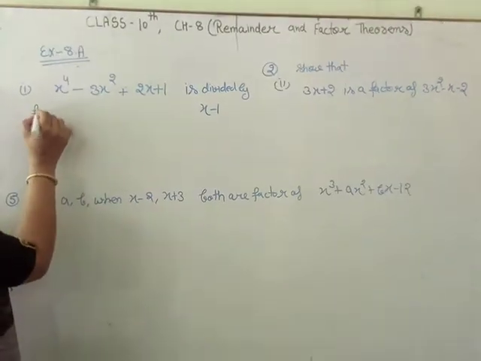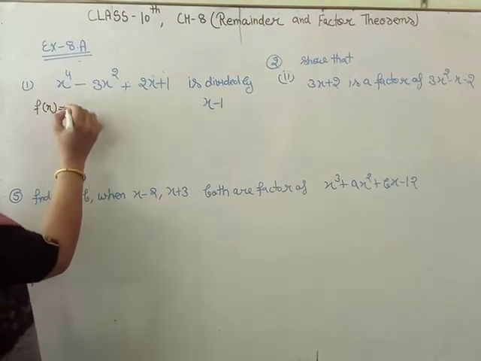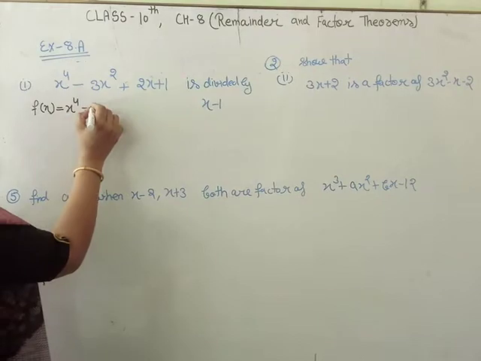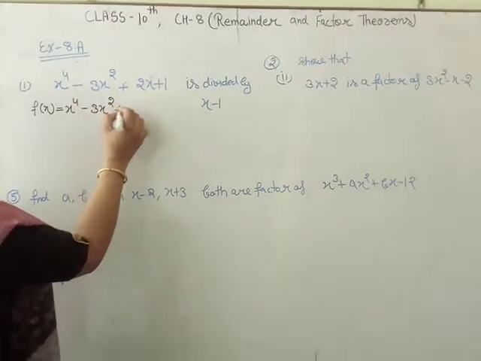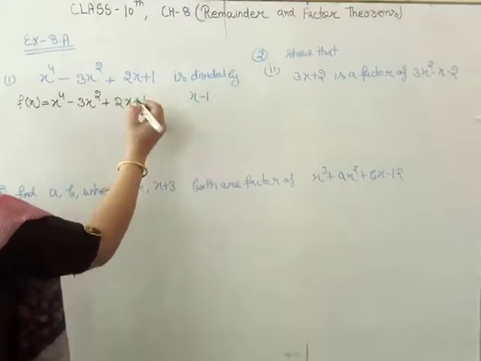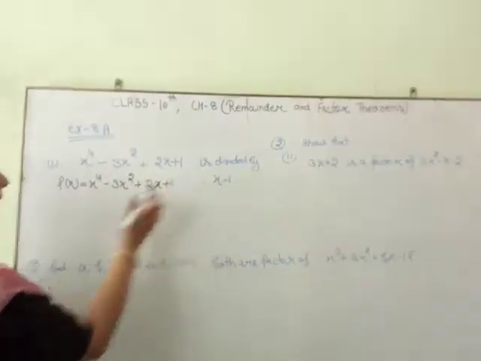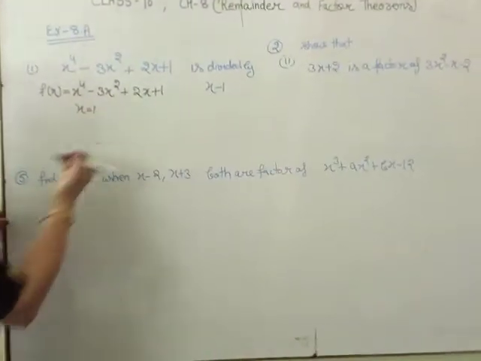Then we write f of x equal to x raised to the power 4 minus 3x square plus 2x plus 1 divided by x minus 2, then we put x equal to 1.